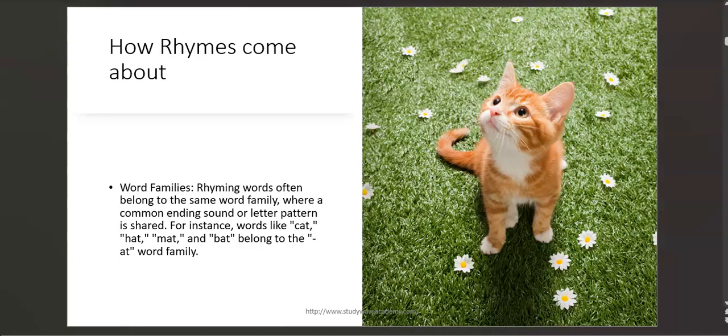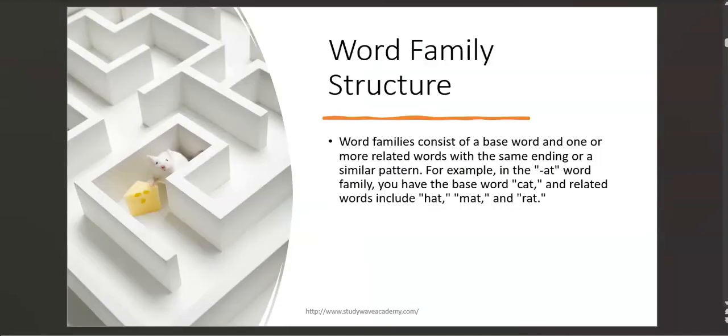When we talk about word families, we're talking about the word family structure. How do we know these words are found in the same family? Word families consist of a base word and one or more related words with the same ending or similar pattern. A structure is like how they are formed. So we find words that have the same ending pattern, and these words will fall in the same family.